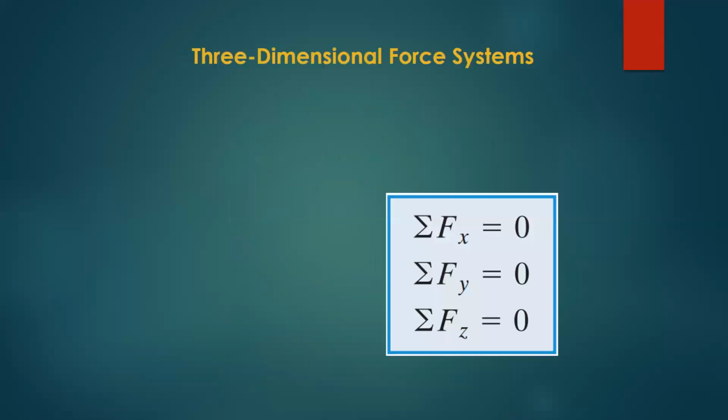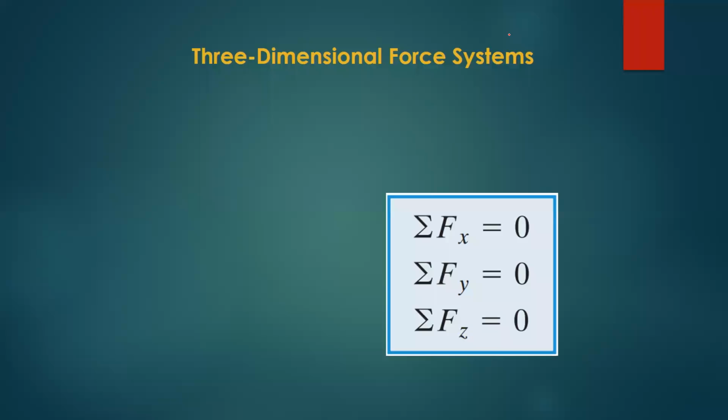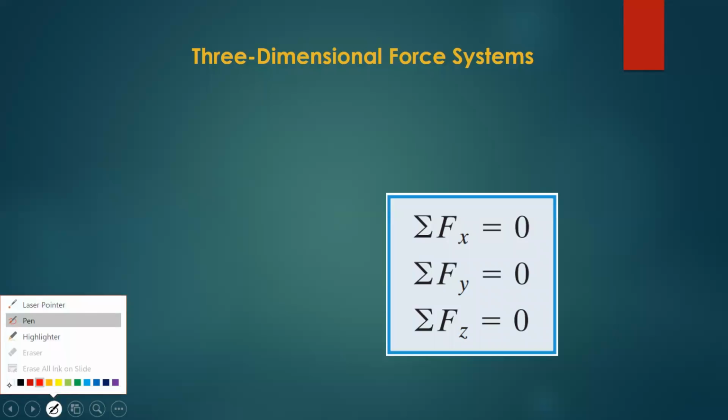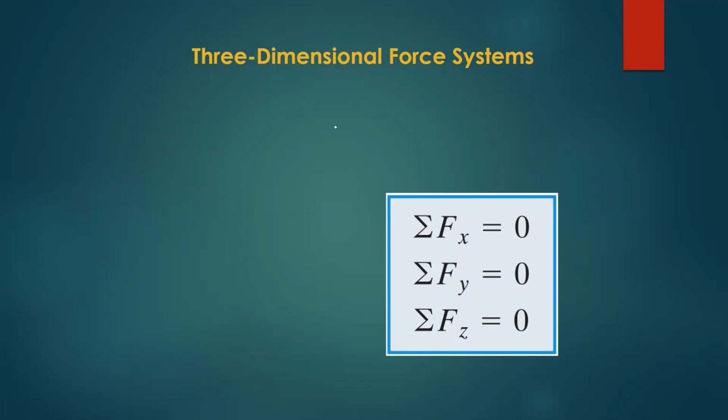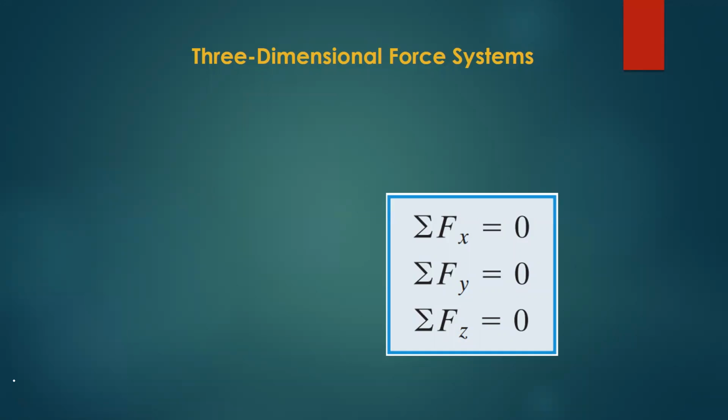One of the most important things that you need to understand when you're dealing with equilibrium is the equation that for any particle that is in equilibrium, the summation of all forces should add up to 0.